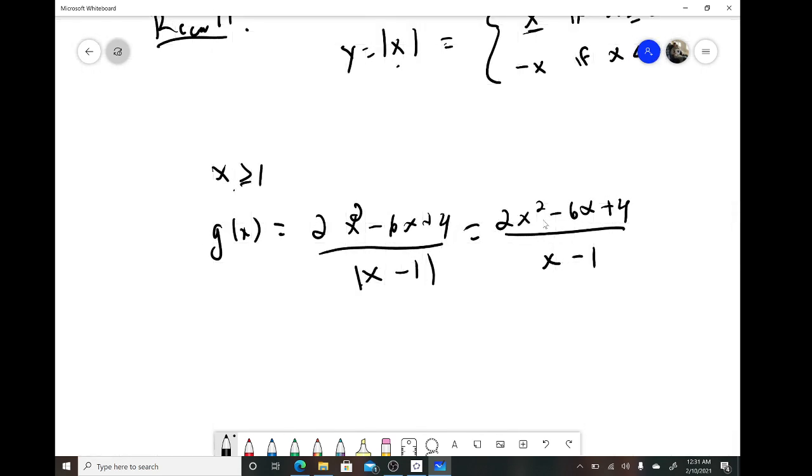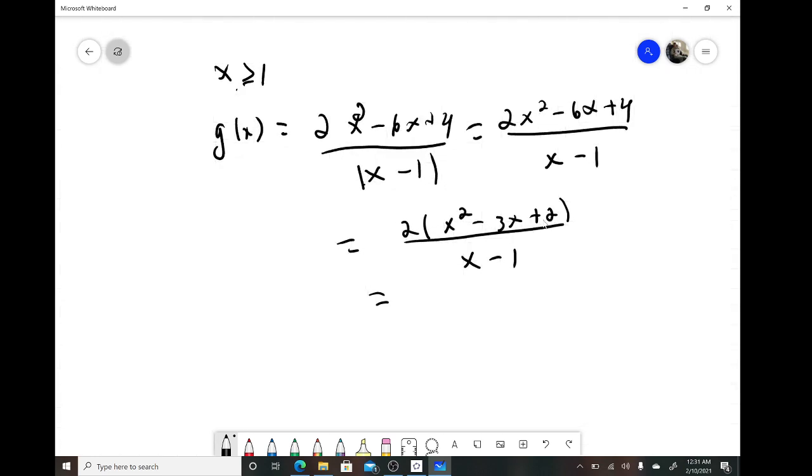And if you notice, we can actually factor the numerator. Everything in the numerator is a multiple of 2, so we can factor a 2 out. So we get 2 times x squared minus 3x plus 2 at the top, and x minus 1 still in the denominator. We can simplify a little bit more, because negative 2 times negative 1 is plus 2, but they add up to minus 3.